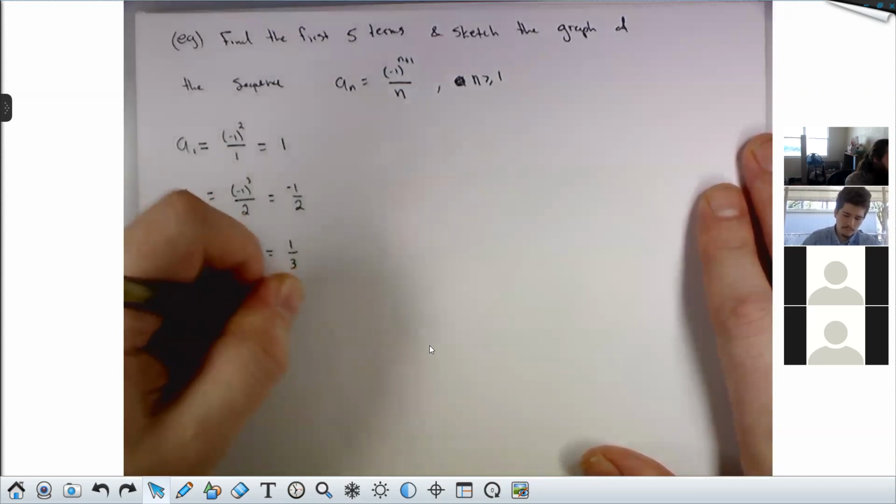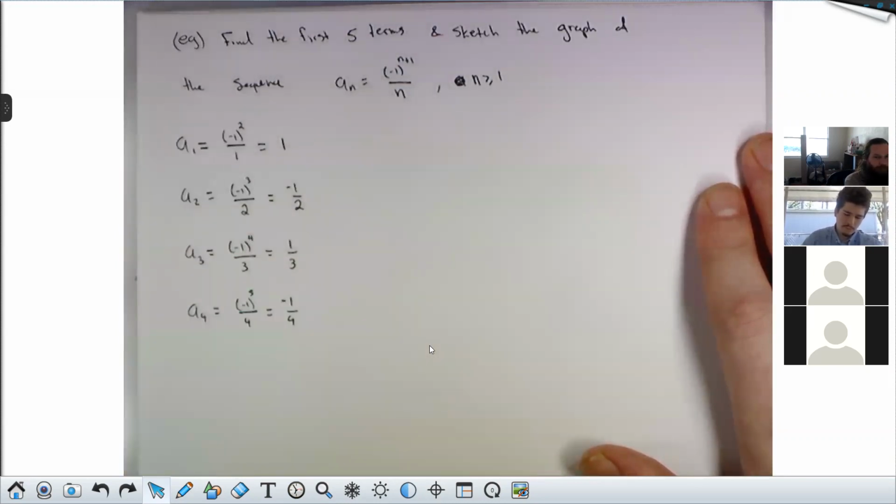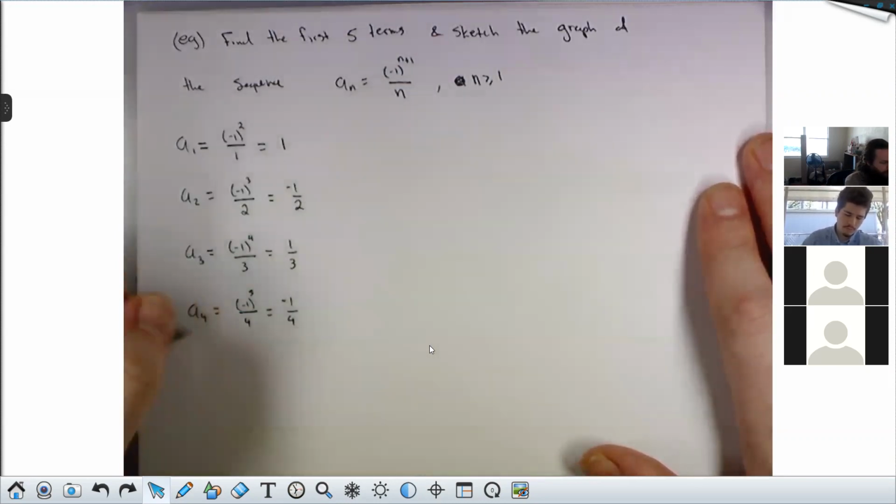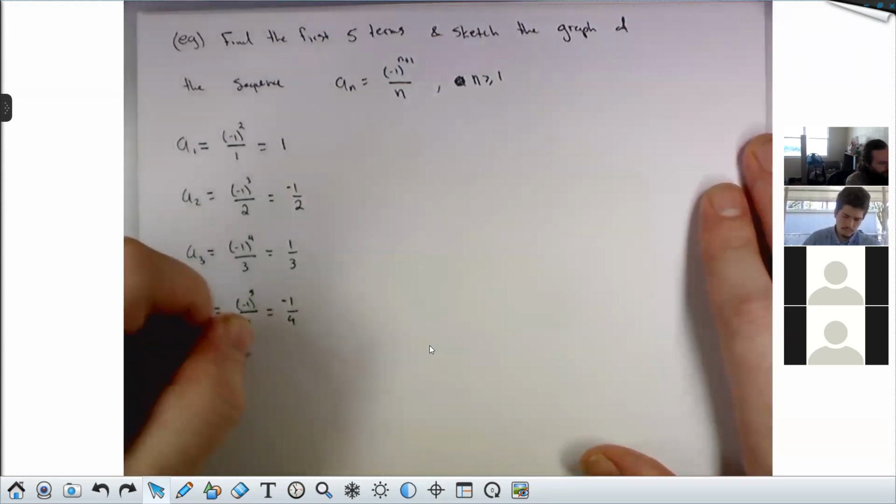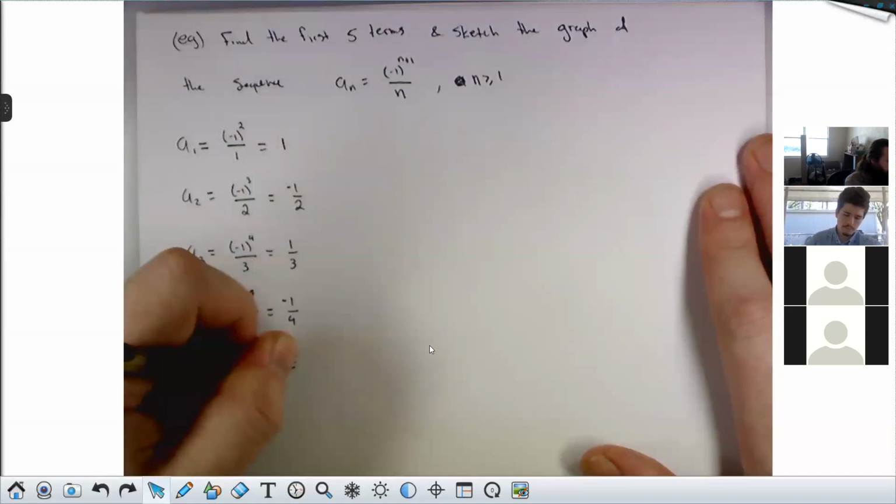That's -1/4. And a_5, the fifth term, would be (-1) to the sixth over 5, which is +1/5.